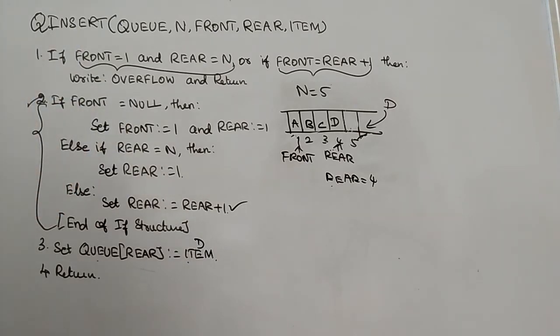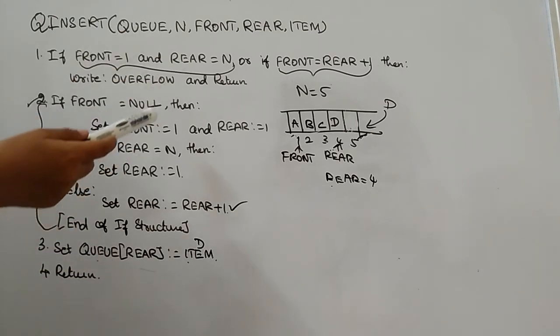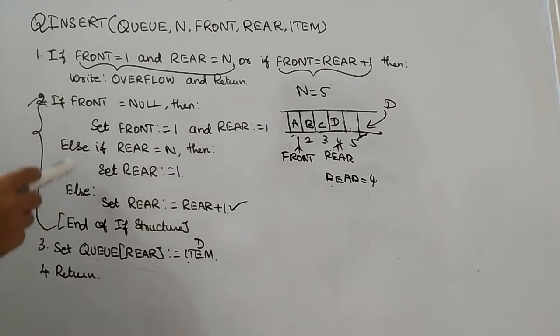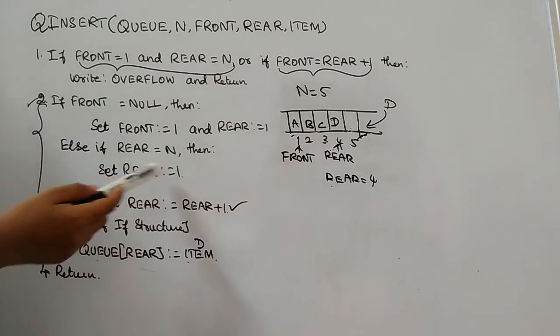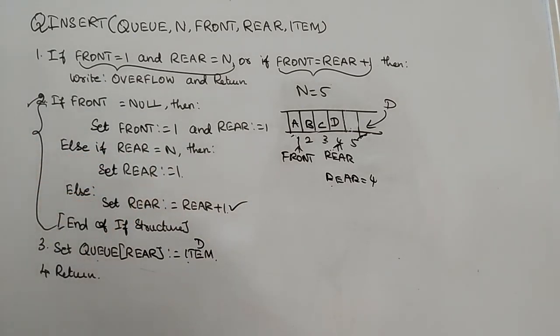In case your queue has an element in the place of n, you check the condition: else if rear equal to n, then you can reset it, so rear := 1. Else you can set rear := rear + 1. After setting the value for rear, you can assign the item to that location. That's why here we have written Q[rear] := item.